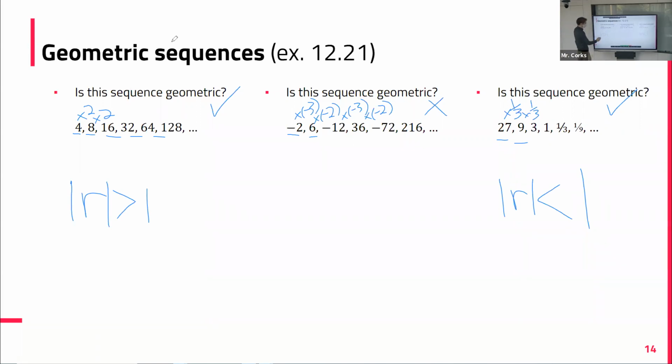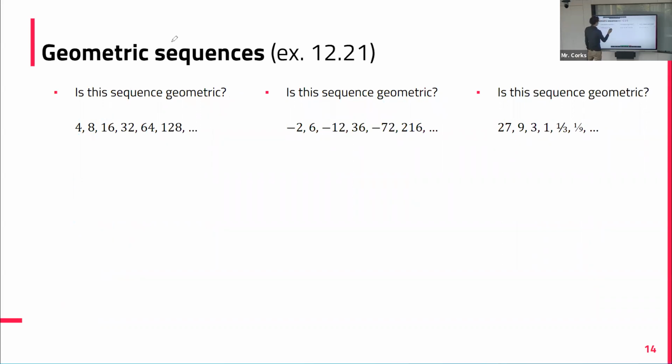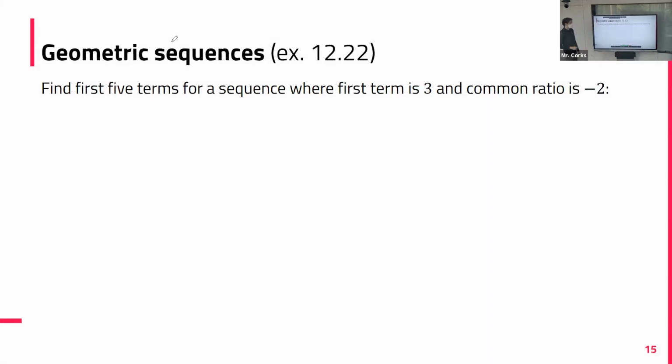So we'll have these two big categories, R greater than 1 or R less than 1. Let's go on to the first example here. Let's say we have the sequence. First term is 3, common ratio is -2. Write out the first 5 terms.